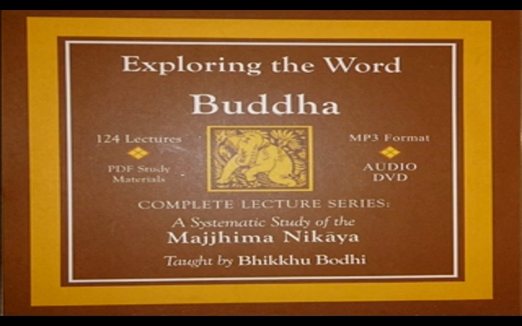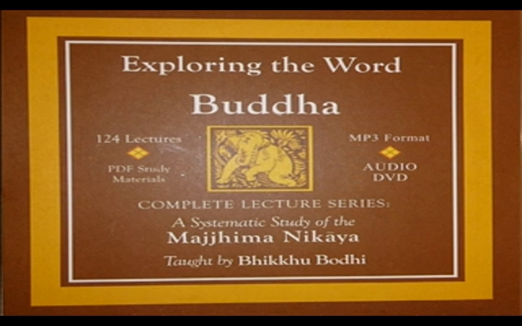That is, the 6 internal sense bases, in other words, the 6 sense faculties, the 5 physical sense faculties, and the mind faculty. There are 6 corresponding sense objects. These are called the 6 external bases.